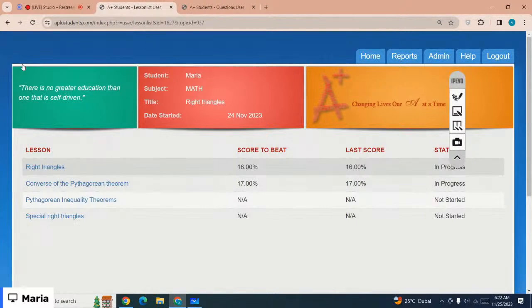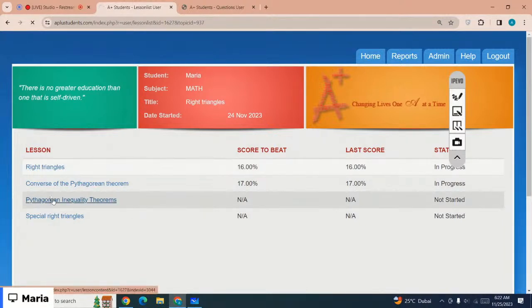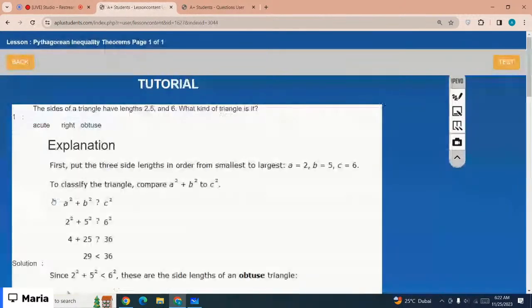Okay, let's just see. The sides of our triangle have lengths 2, 5, and 6. What kind of triangle is it? So, how do you see? First, put the three side lengths in order from smallest to greatest: 2, 5 and 6. The greatest one is the c.